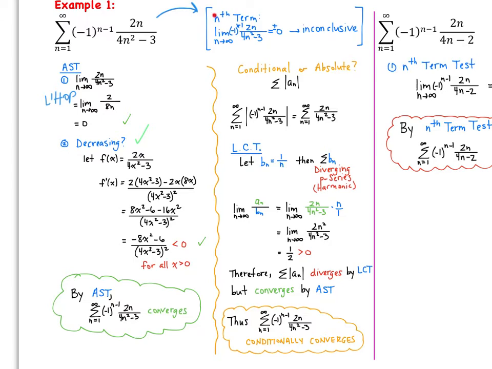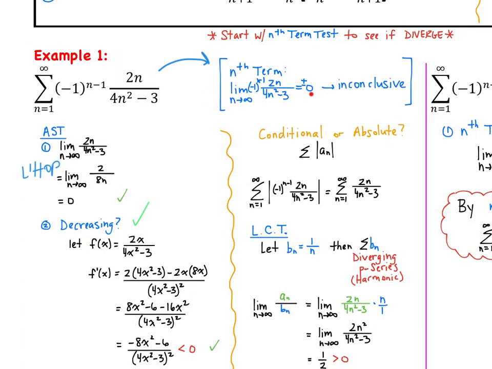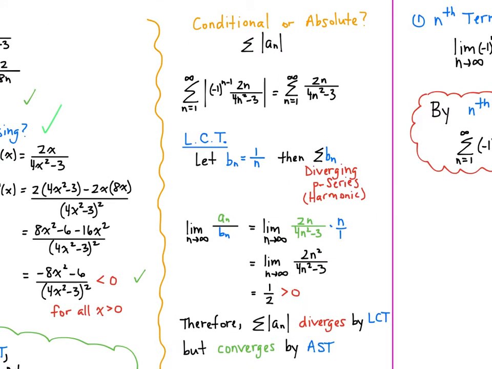So if we're going back to this example here, we would start with our nth term test, which we already said is plus or minus 0, which is inconclusive. So then we have to figure out conditional or absolute. This is where we look at the absolute value of that series, okay? So by looking at the absolute value, we're really looking at this series here. So what's the best approach? Well, I chose the limit comparison test to see if this converges or diverges.